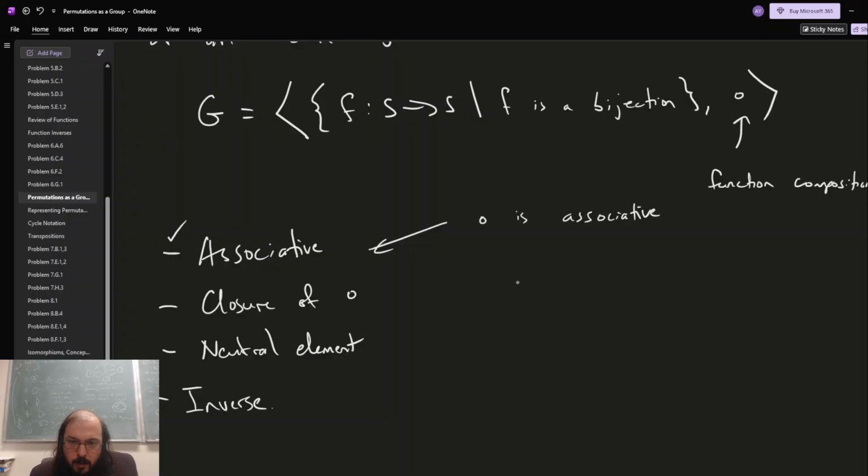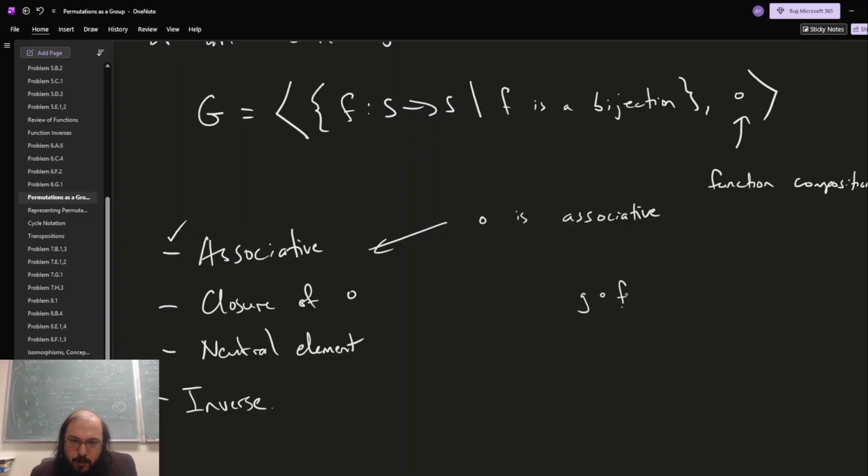For the closure, what I have to do is see that if I have two elements of G, maybe we call them f and g, that if f and g are individually permutations, so is f composed with g. And this is basically just remembering the properties that we saw in the last batch of videos and also in the homework: since f and g are both injective and surjective, their composition is both injective and surjective.